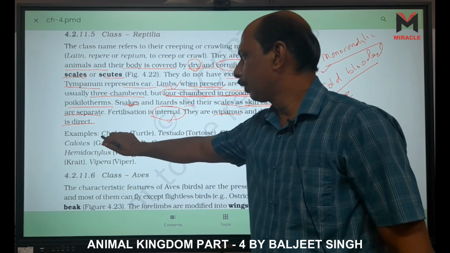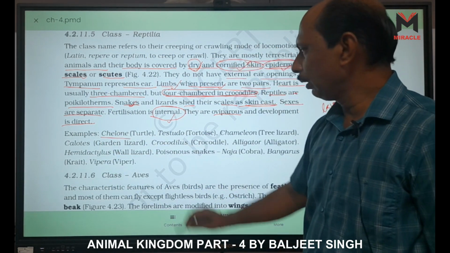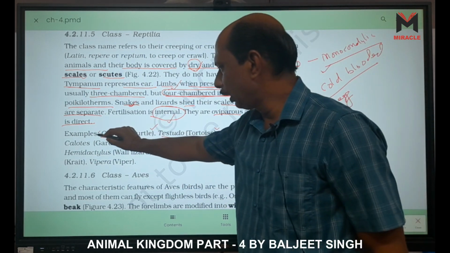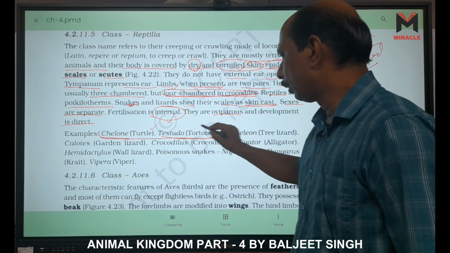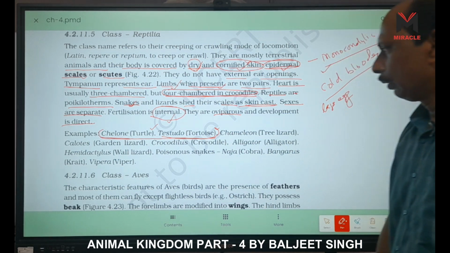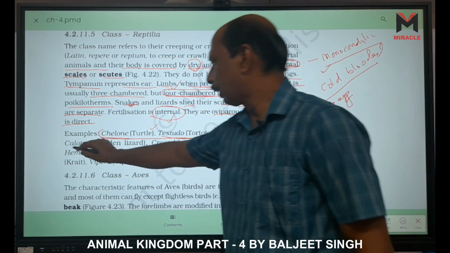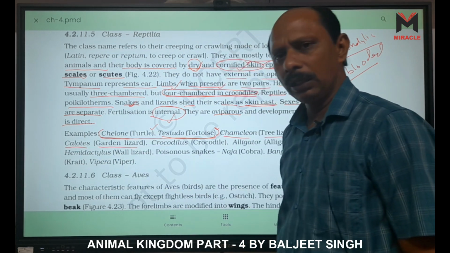Examples: Chelone means turtle, Testudo, tortoise. So they belong to Chelonia, right? Second, Chameleon is called the tree lizard, Calotes, garden lizard.